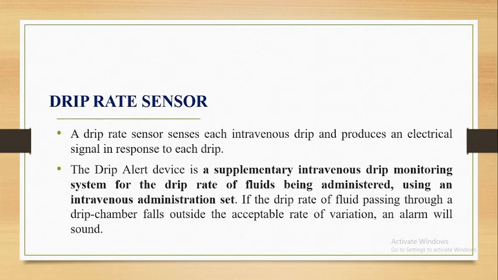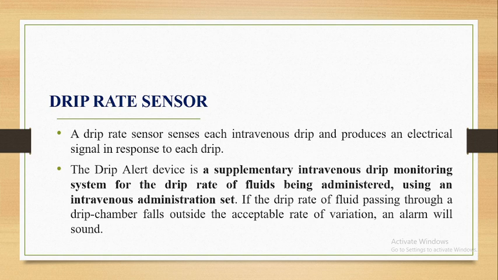Drip rate sensor. The drip rate sensor senses each intravenous drip and produces an electrical signal in response to each drip. It will be monitored on a screen.